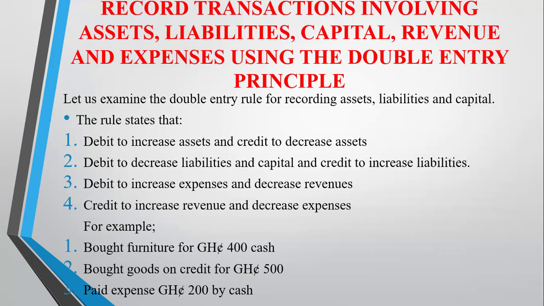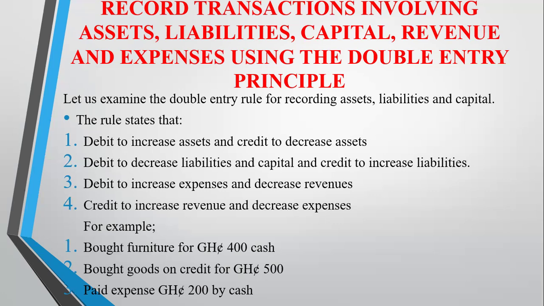If the company already has two motor vehicles, we are purchasing a new one to make three, which means our asset is going to what? Increase. So if our asset is going to increase, we are going to debit our motor vehicle account. So the two accounts involved here are the motor vehicle account and the cash account.